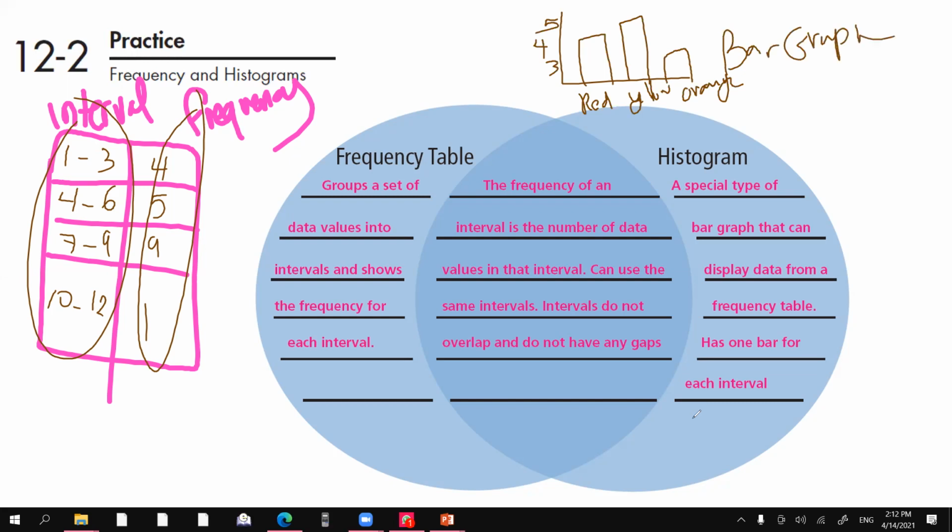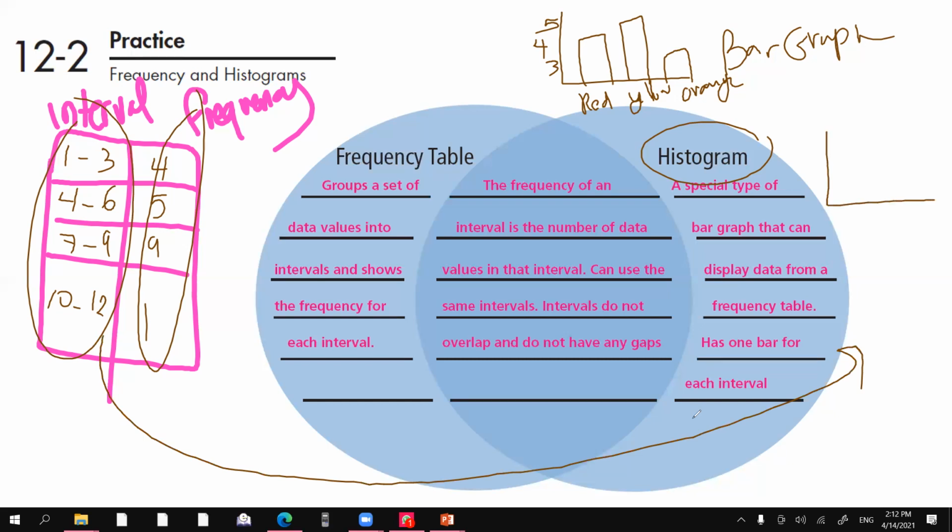Now, there's a special type of bar graph which we call a histogram. In a histogram, I take the data from the frequency table and represent it. As we said before, the bars should be close to each other, with no gap.